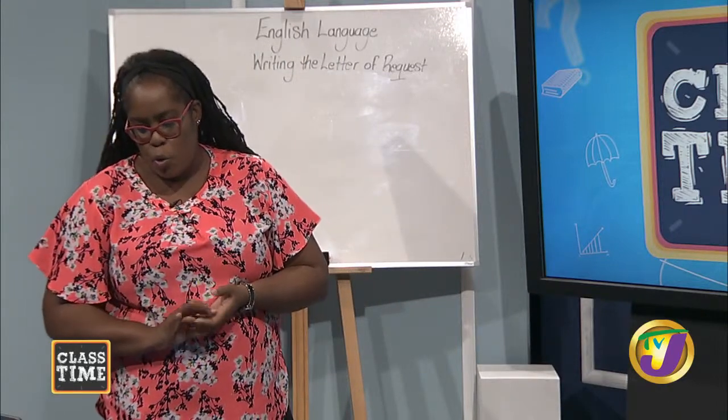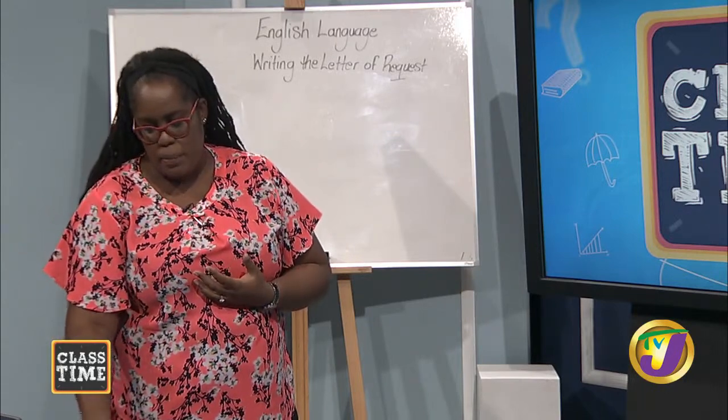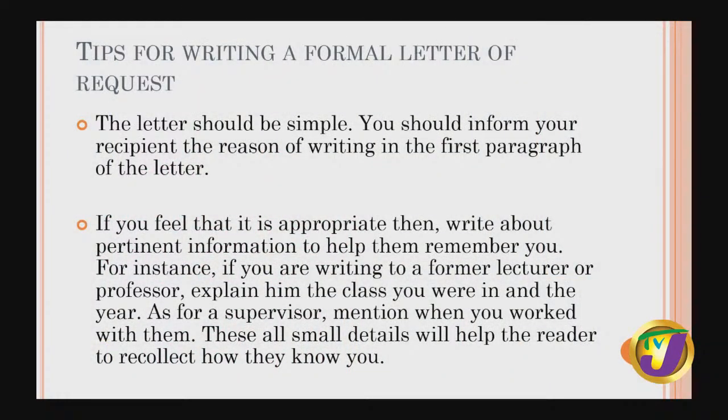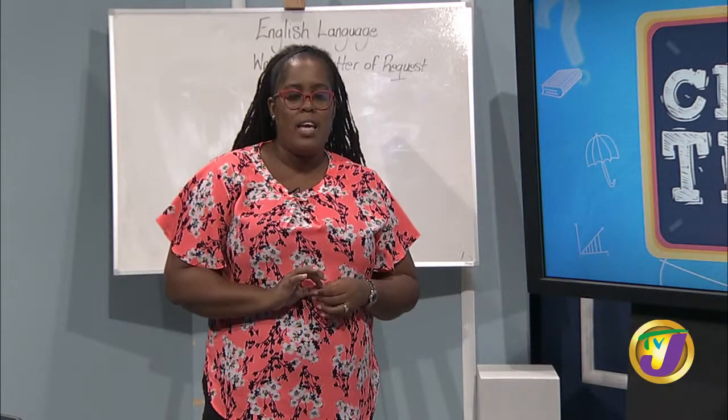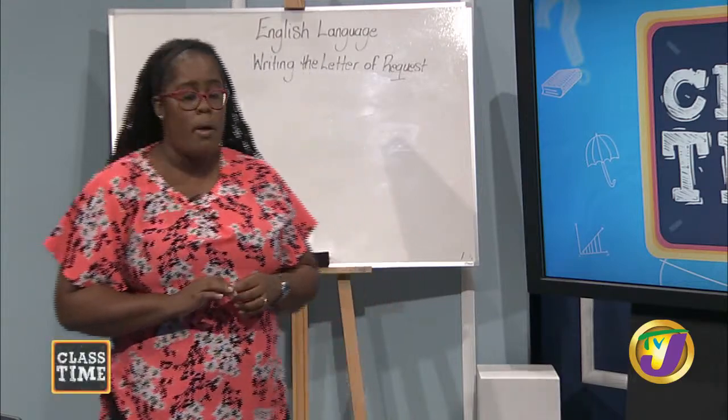All right. So before we move on to the tips for writing the letter of request, again, just to ensure that we're on the right track, what are some of the important things that we mentioned about the letter of request? Do we remember?